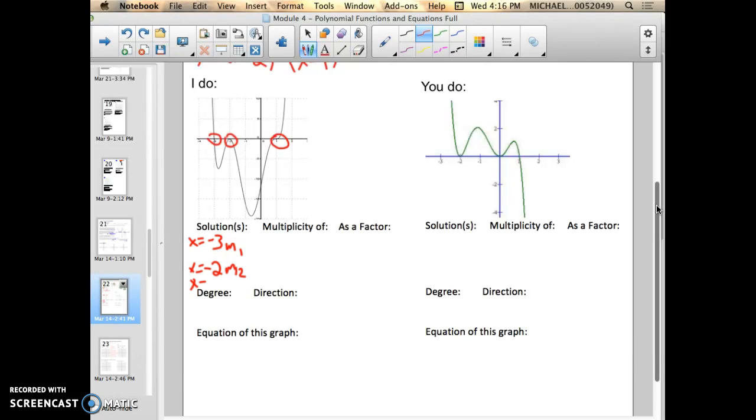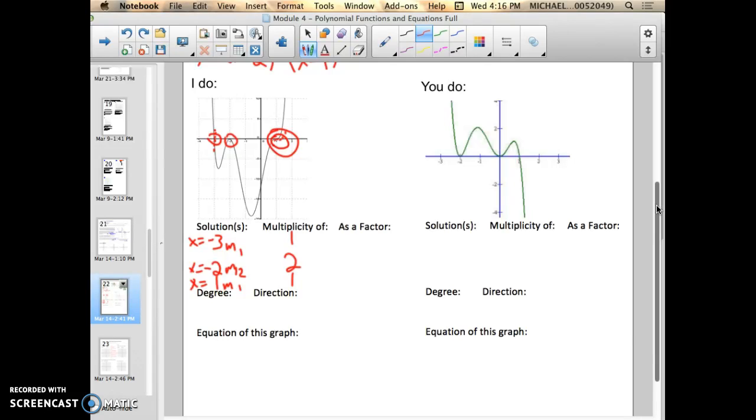And then x equals 1 with a multiplicity of 1 because it goes through. If you notice though, and this is more pre-calculus, here it goes straight through. Here it does that wiggle. And so technically, this power here is still odd, but it's going to be higher than 1, probably 3 or 5. But for the purpose of this class, it's a multiplicity of 1. So I've already identified that: multiplicity of 1, multiplicity of 2, multiplicity of 1.